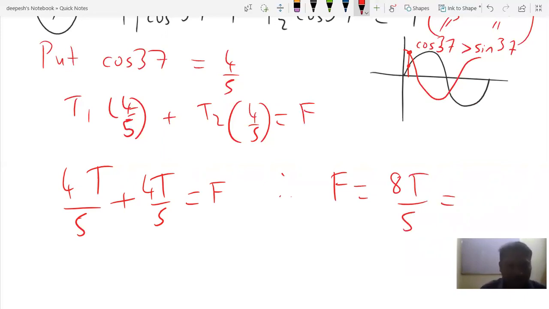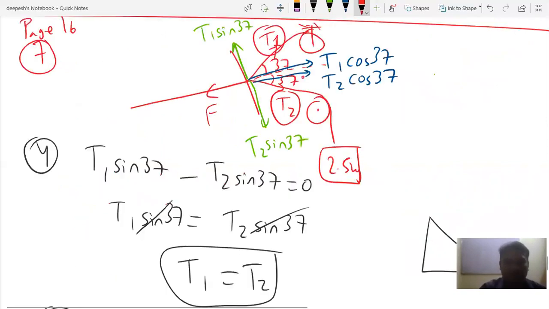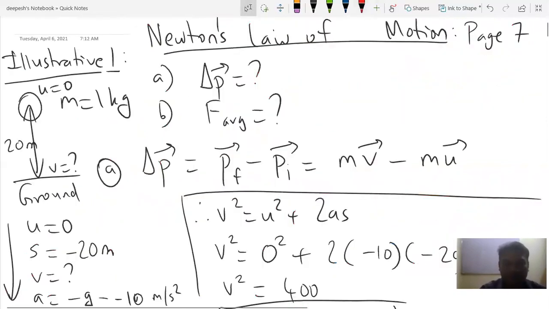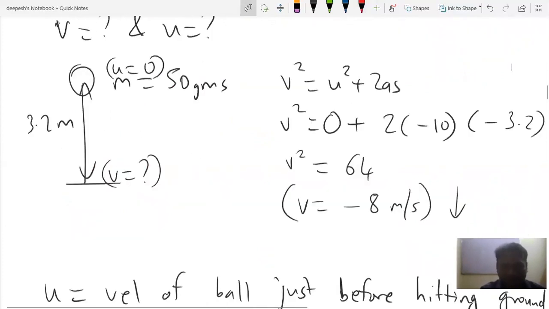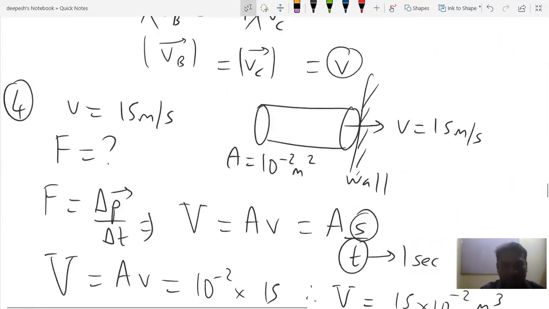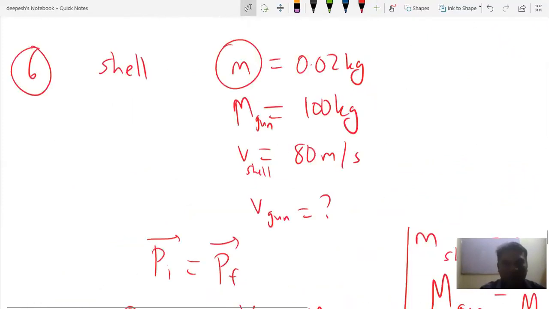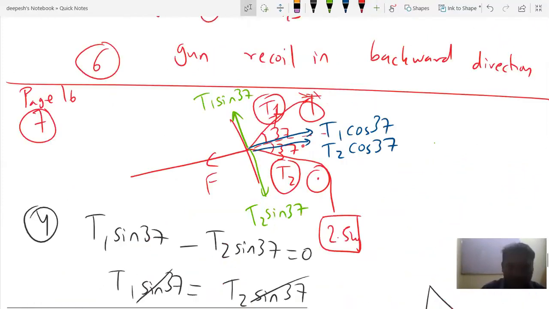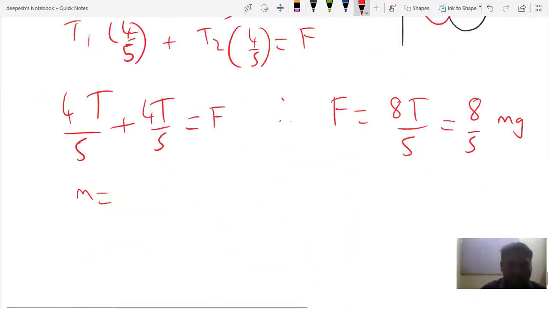Now let us substitute the value of T as mg. So T will substitute as mg. What is the value of mass on the other pulley? So this pulley, if I consider, so I'm considering this pulley. So in this case, T is 2.5 G. That is 25.